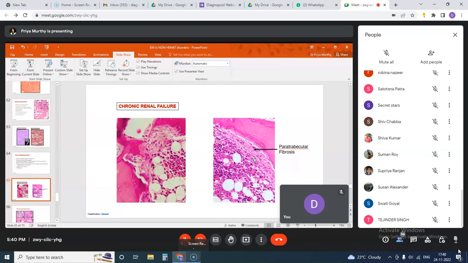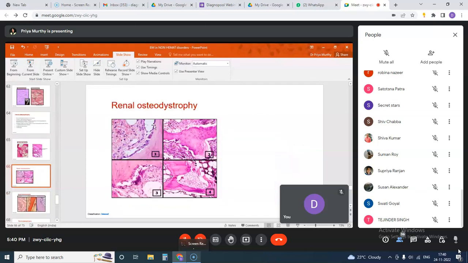And as this progresses, when there is osteoblastic proliferation along the endosteal surface, the bony trabeculae increase in thickness, following which osteoclasts take over. They start eating up the bone, and the surface becomes irregular.